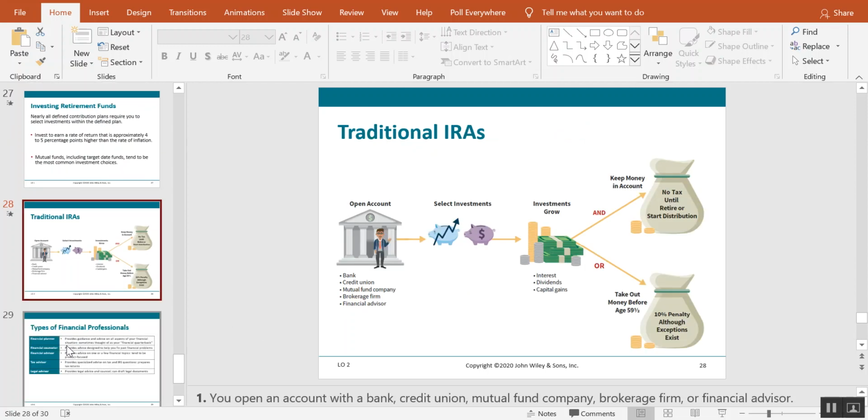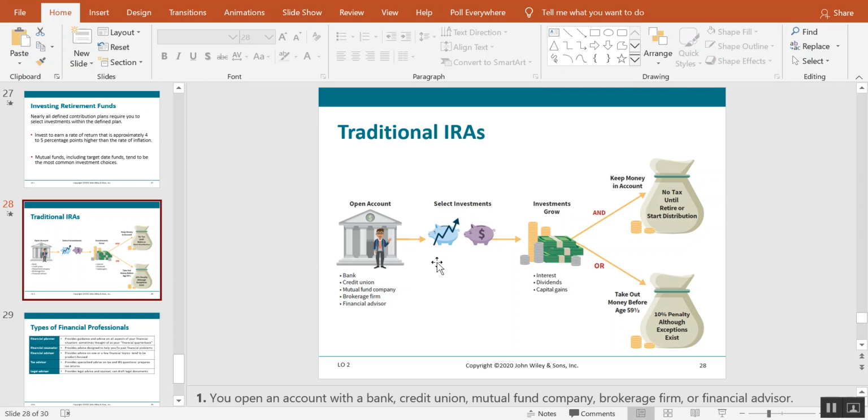Another way to save for retirement is through a traditional IRA. And this way, what you do is you put money into a bank, a credit union, or even an insurance company into an IRA. When you do that, basically they take that money and put it into an account that earns a certain amount of interest.